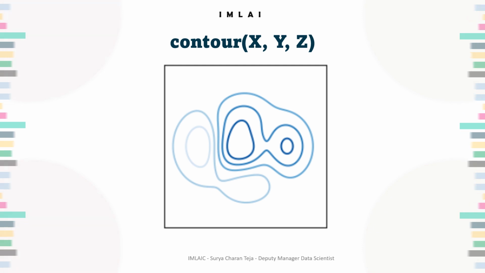So the contour plot. The next question that arises is, how do we form a contour plot? The contour plot is formed by one vertical axis, which is independent variable two, and a horizontal axis, which is independent variable one.